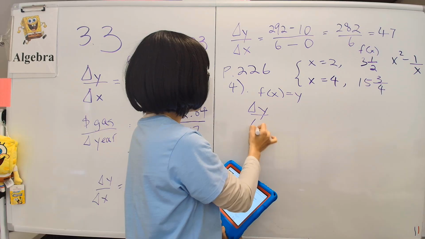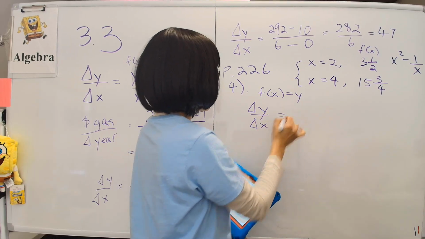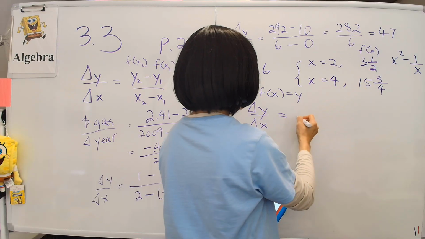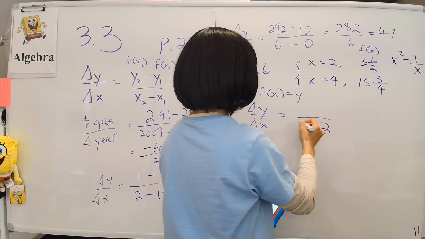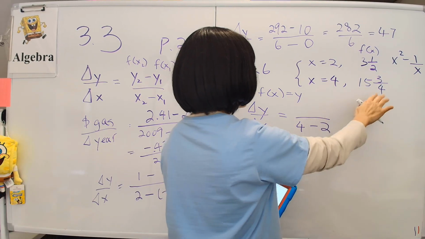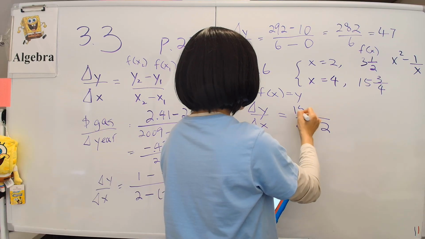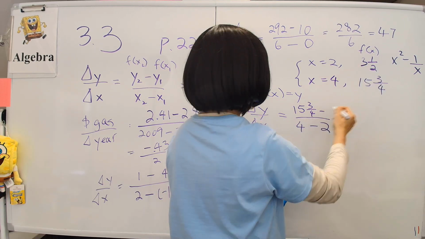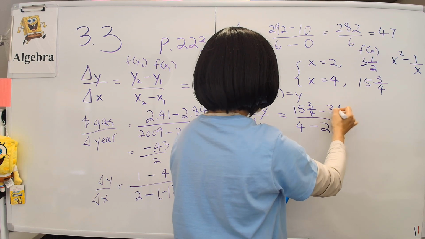So delta y against delta x is, x is going from 2 to 4, so we have 4 minus 2, and y is going from 15 and 3/4, subtract, starting at 3.5, if I didn't get the math wrong.